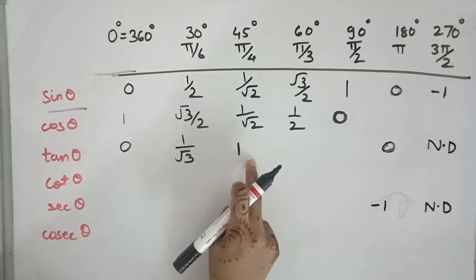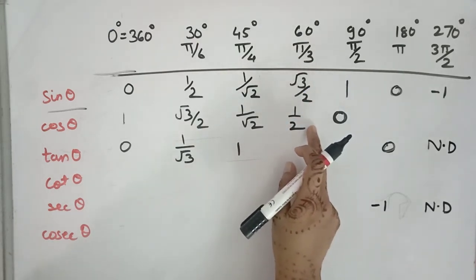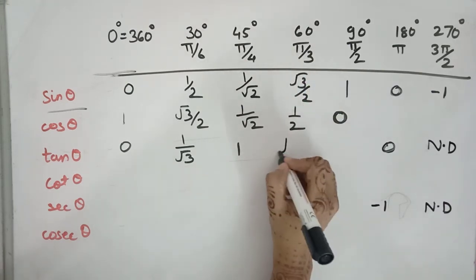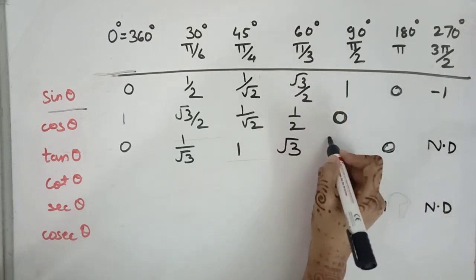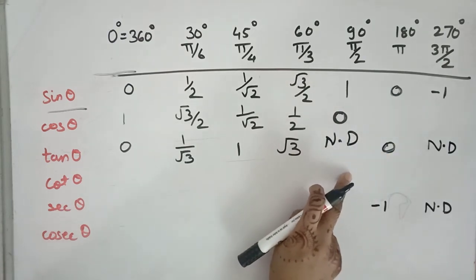Next is root 3 upon 2 upon 1 upon 2. Denominators are again the same, so the answer will be root 3. Next, 1 upon 0 is not defined.